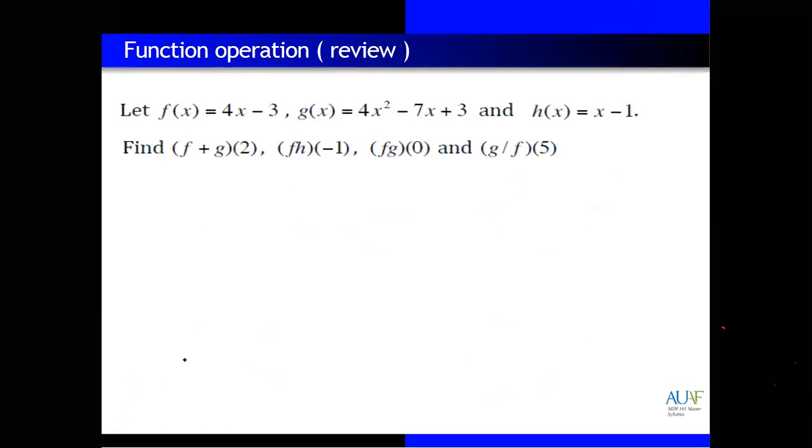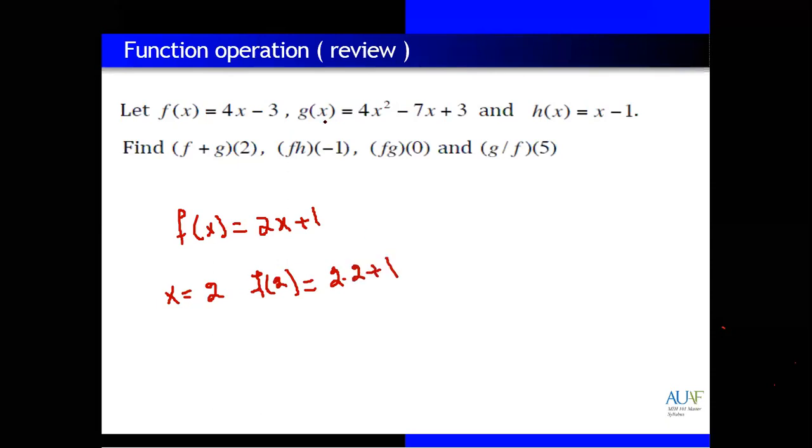We have a function. Let's suppose f of x is equal to 2x plus 1. Replacing x with any number, for example x equal to 2. So f of 2 is equal to what? 2 multiplied with 2 plus 1, which is 4 plus 1, equal to 5.